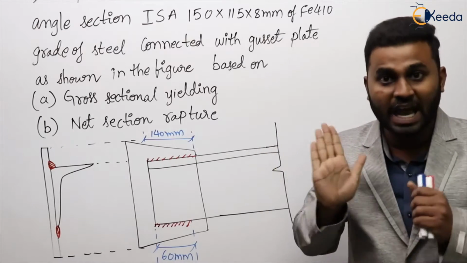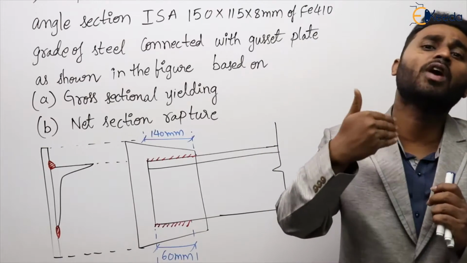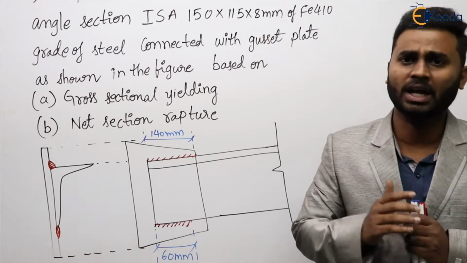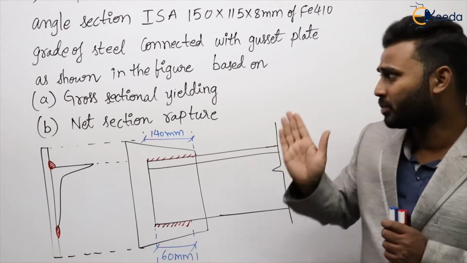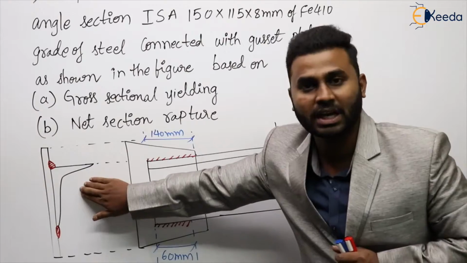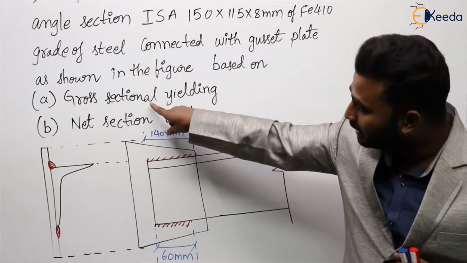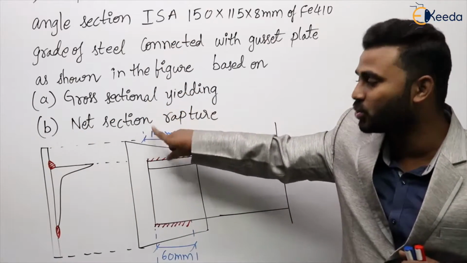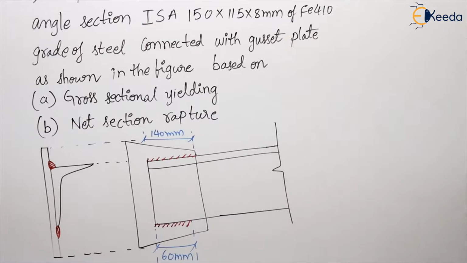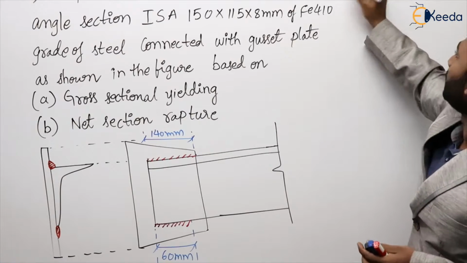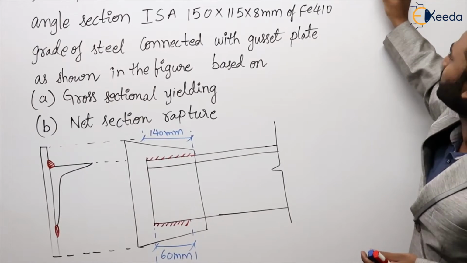In this question, as the area is not given, we follow the regular procedure of calculation of area. First I will calculate the area and later I will calculate the design tensile strength based on these two criteria. So first take that angle.